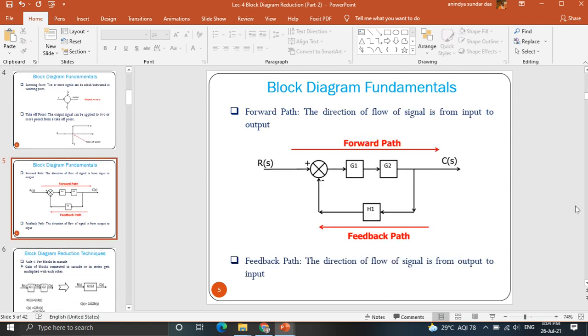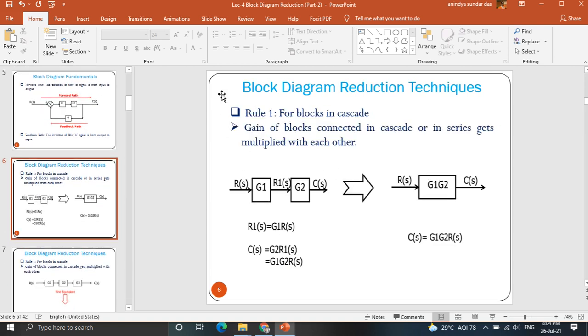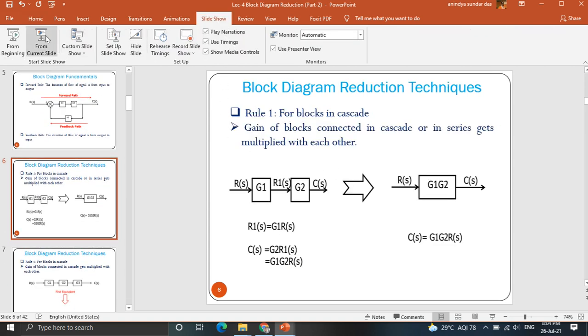We know the meaning of forward path, that is going from input to output side. Feedback path is nothing but going from output to input side. The direction shows whether the path is forward or feedback. And we have studied the block diagram rules.